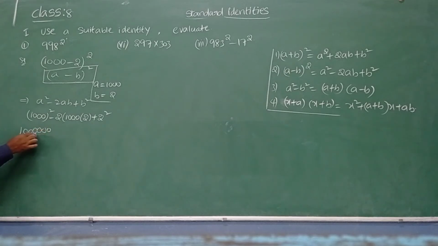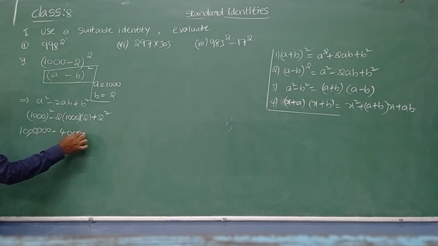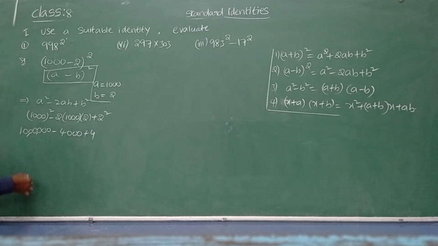You can multiply it, yes, we can multiply: 10 lakhs. Once 10 is 100, 1000, 10,000, lakh, 10 lakh. It is 10 lakh minus. Now multiply: 2 into 2 is 4, 4 into 1000 is 4000, plus 2 square is 4.